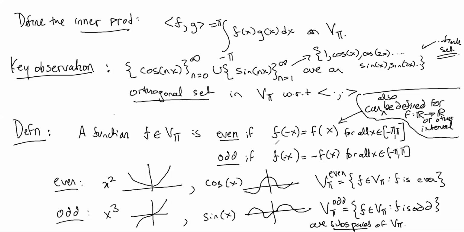Now, here are some general properties of even and odd functions. One is if you take the integral of an odd function on this interval, what's it going to be? 0, because it's exactly negative on one side of what it is on the other side.